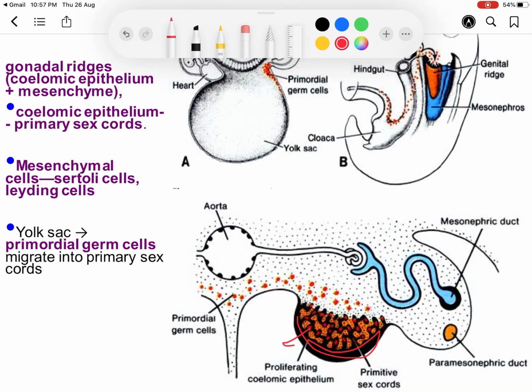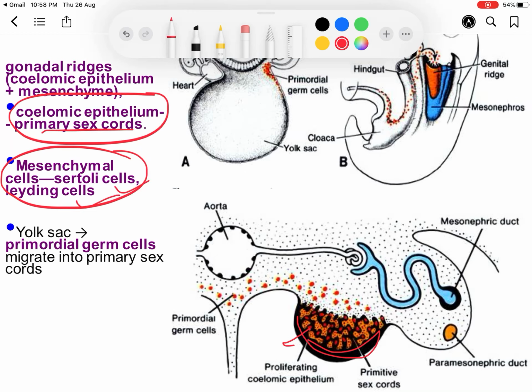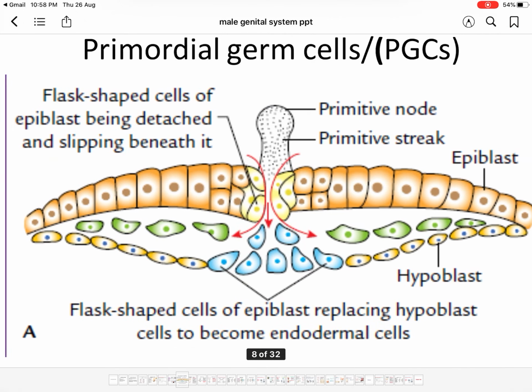This coelomic epithelium will form finger-like extensions into the underlying mesenchyme, which will form the primitive sex cord. The mesenchymal cells will form the Sertoli cells and the Leydig cells, and also the Tunica Albuginea. And the primordial germ cells from the yolk sac will move into the sex cord cells.